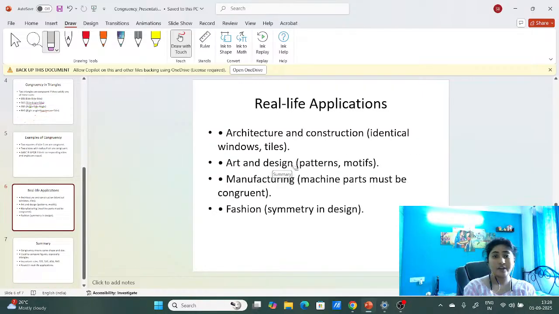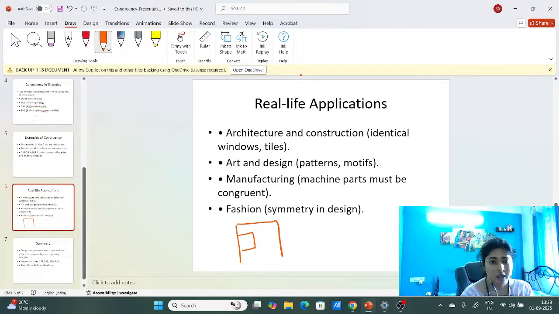Real life application. So in architecture and construction, like in your home also, in my home also, we can see we have windows that are identical, right? When something is identical, it looks a little good, right?